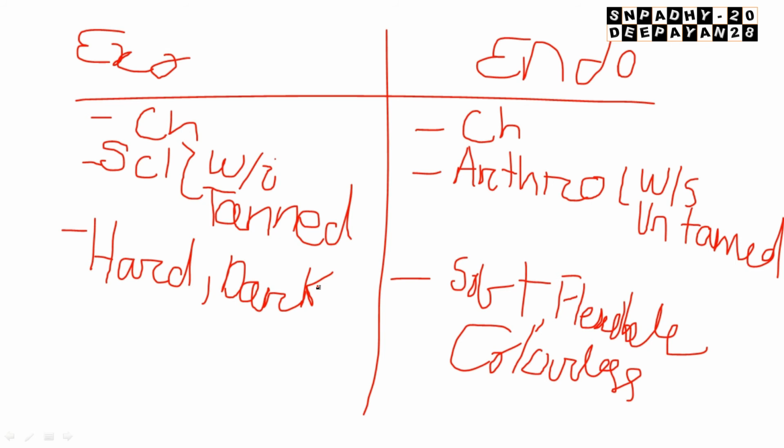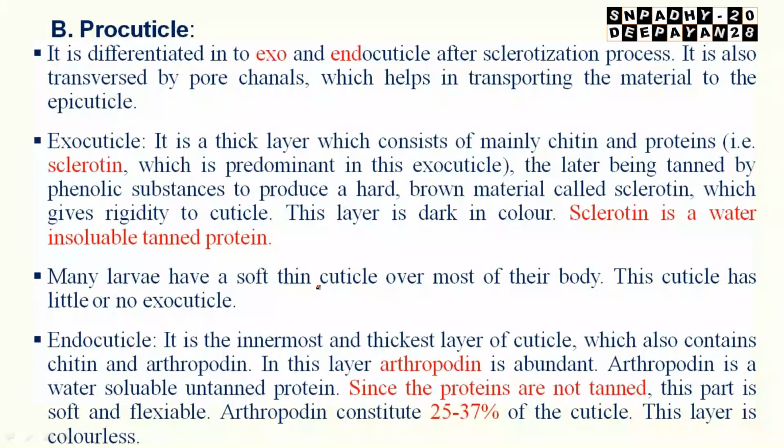In exocuticle, sclerotin is abundant. In endocuticle, arthropodin is abundant, and arthropodin is also abundant in the whole cuticle. They constitute 25 to 37% of the cuticle. I hope you understood up to this.